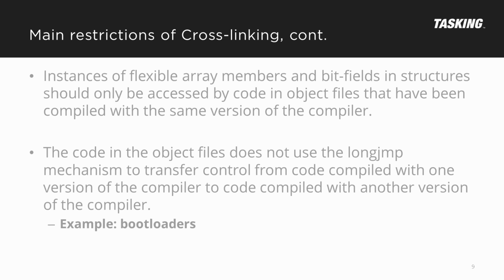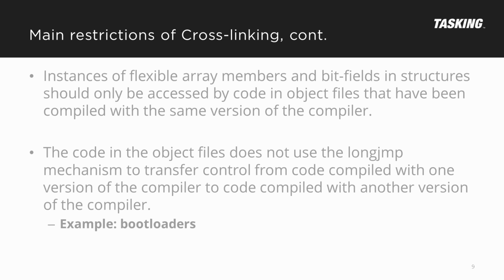This is something which is quite difficult anyway, even if you have the same version of a compiler and if you link together different object files. But we checked, for example, the mcal and the safetylib, and the mcal and the safetylib don't have any of these. So you should be safe for this.